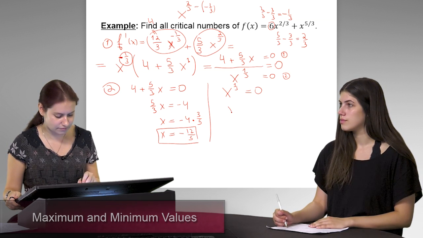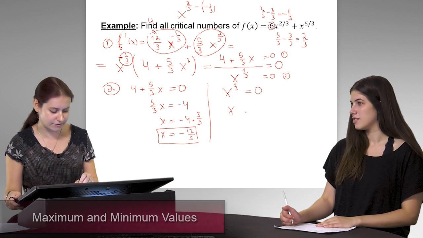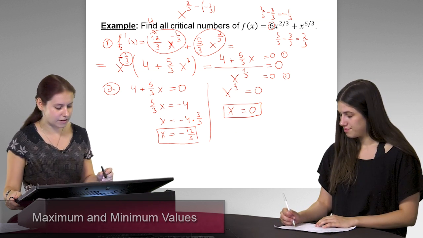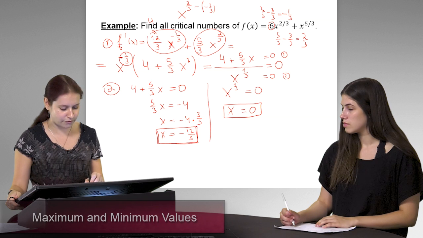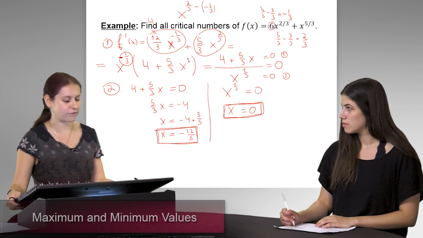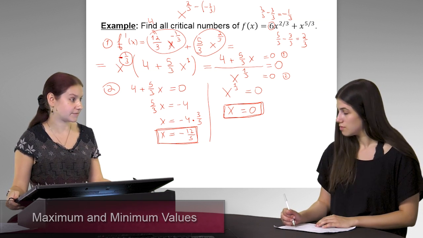Well, what do you think? What x can make x to the 1/3 0? 0. So this is the second critical number. The first one is coming from zeros. The second one is coming from finding where the derivative is not defined, where it does not exist.